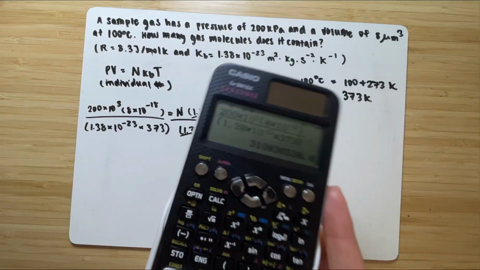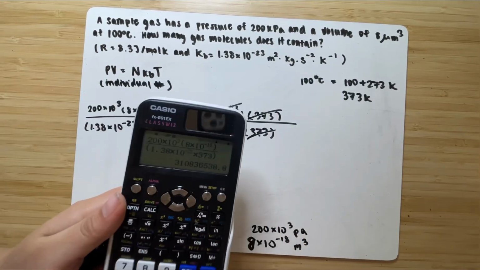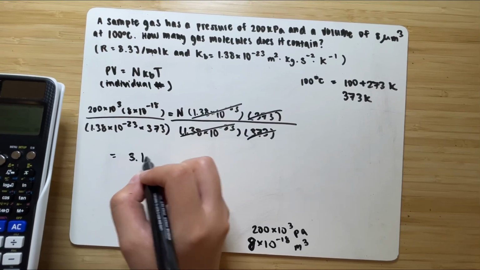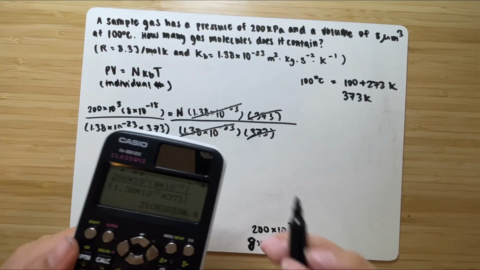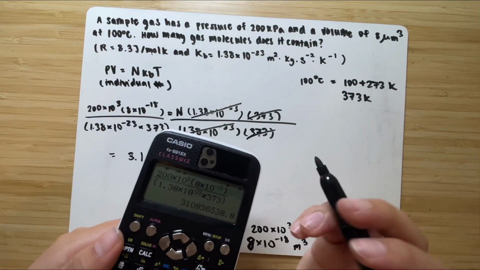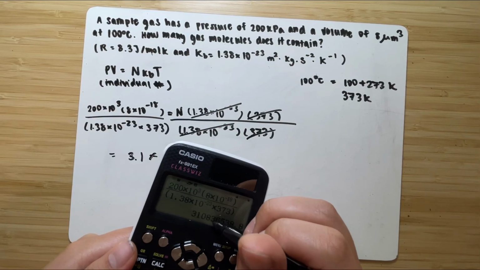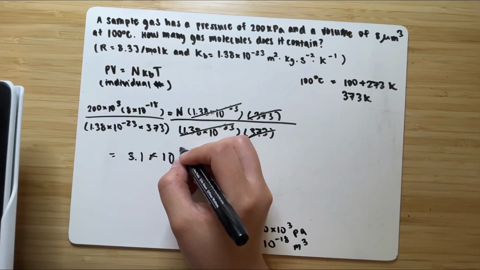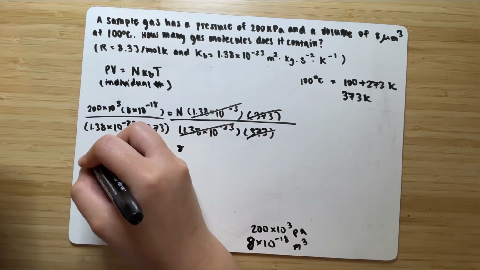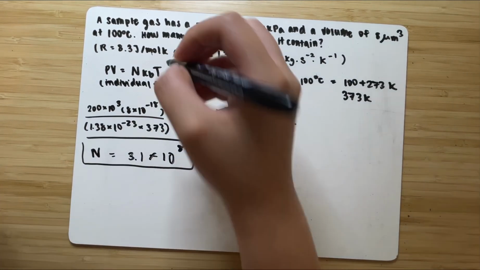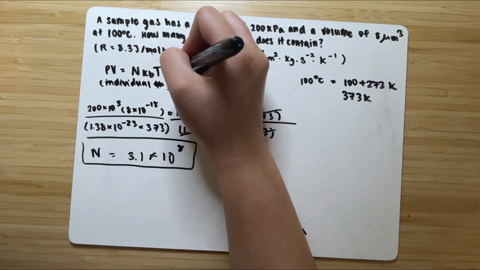You get this number, which can be written as 3.1 times 10 to the 8. So this is the number of individual molecules. I'm going to write it right here.